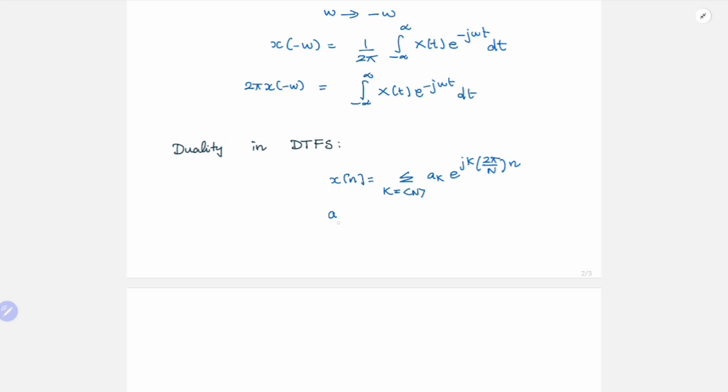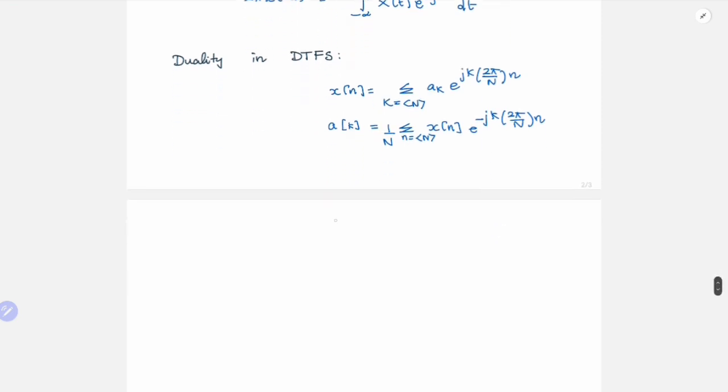And my ak, I'll just write it here so that it is easy for you to understand: 1 over N sum over n in N of x of n e power minus jk 2 pi over N into n. So first let me say that my x of n has discrete time Fourier series coefficients ak's, I'll write it as a of k. Then I need to find, if a of n is my discrete time signal, what will then be my discrete time Fourier series coefficients. So this I have to find.